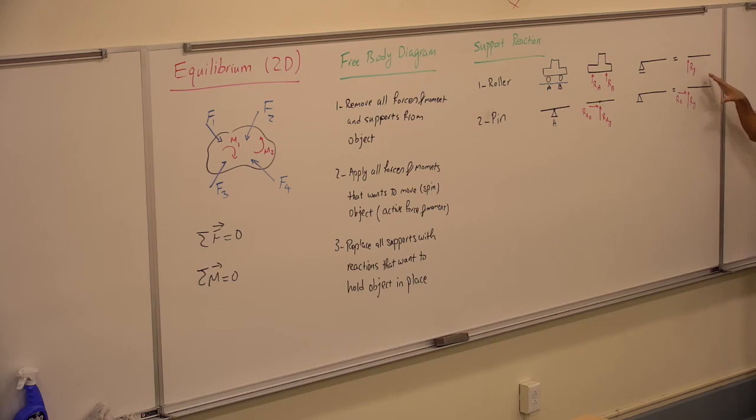I'm just using the positive direction. You can use any direction and then calculate it to see if the direction you got is right or wrong. So, if you have a triangle without anything beneath it, it's a pin.